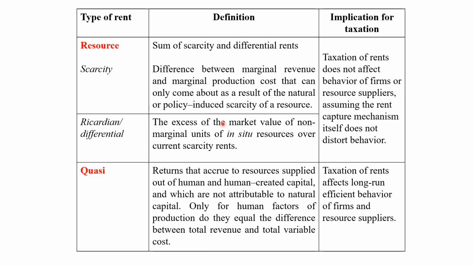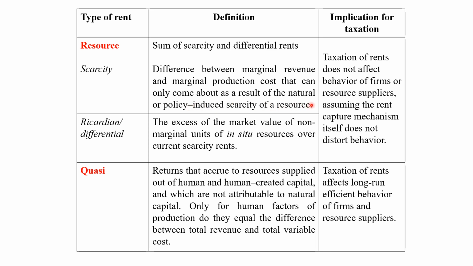So let's look at these types of rent. Resource rents are the sum of the scarcity and differential rents. The scarcity rent is the difference between the marginal revenue and marginal production cost that can only come about as a result of natural or policy-induced scarcity of a resource. And by policy-induced, I mean something like what we've recently seen in the climate change policies, that we stop producing oil.